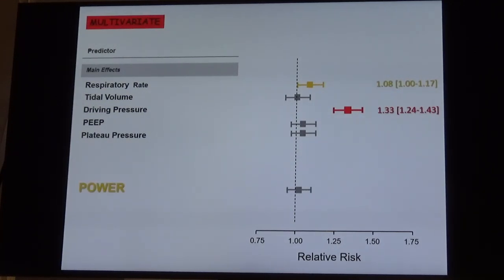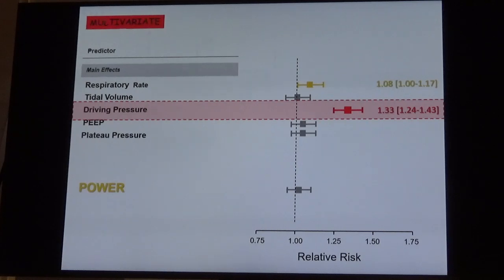You see, the power disappears. What does it mean? It means that at the bedside, this computation is not bringing us any information. If you just compute driving pressure and respiratory rate, you have all the picture in your mind. And then you can understand if a certain strategy is going to be protective or damaging.